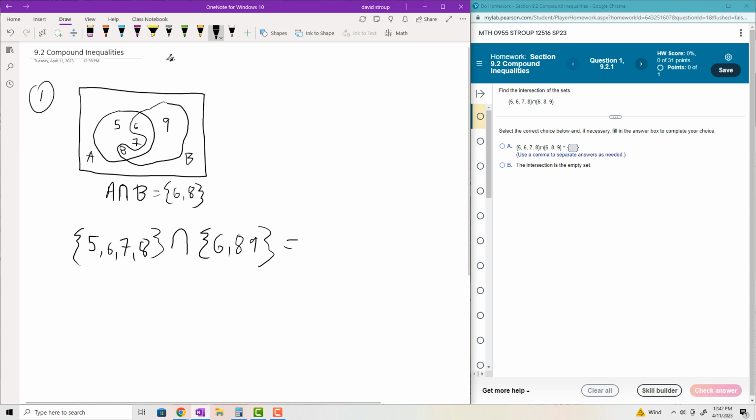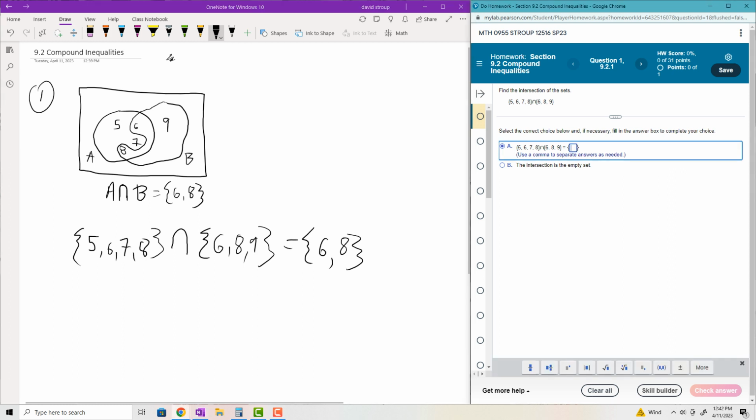So 5 is not in both sets, 6 is, so that's in the intersection. 7 is not, and then 8 is. And then on the other one, 9 is not. Okay, so to be in the intersection, you have to be in both sets. So we have, in this case, 6, 8. Oops, they already give you the brackets. So I could just put 6, 8, and that should do it.